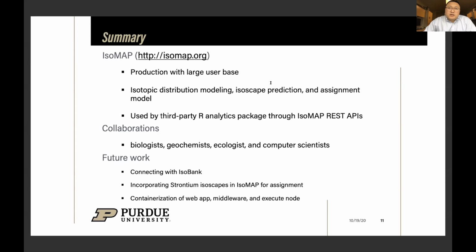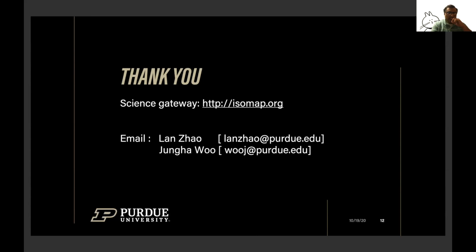We only cover hydrogen and oxygen, but in the future we may cover carbon and nitrogen. And we are currently working with strontium data sets for using the assignment model. And yeah, that's it for now.